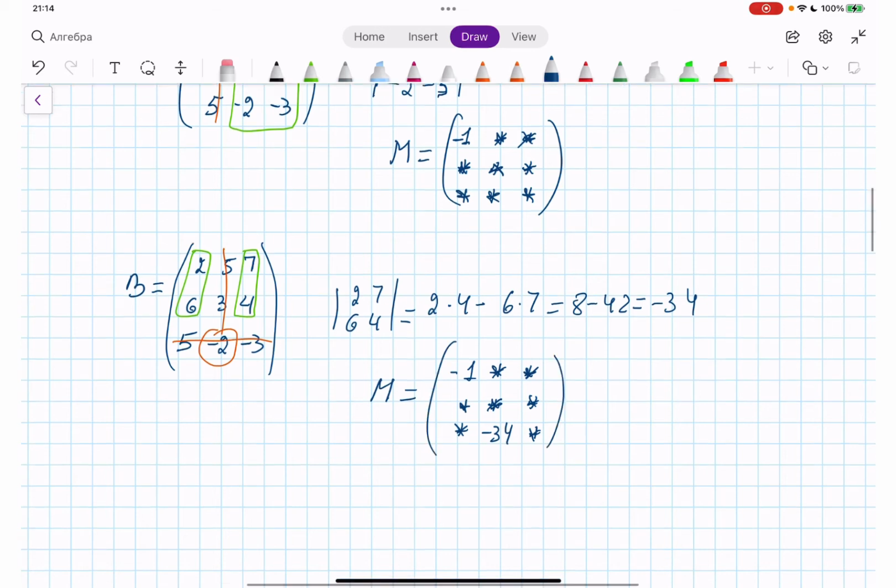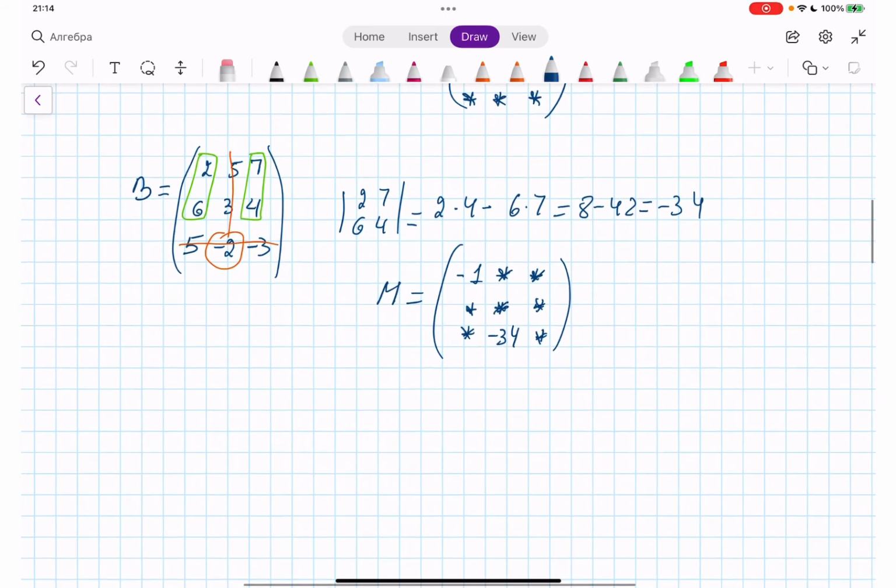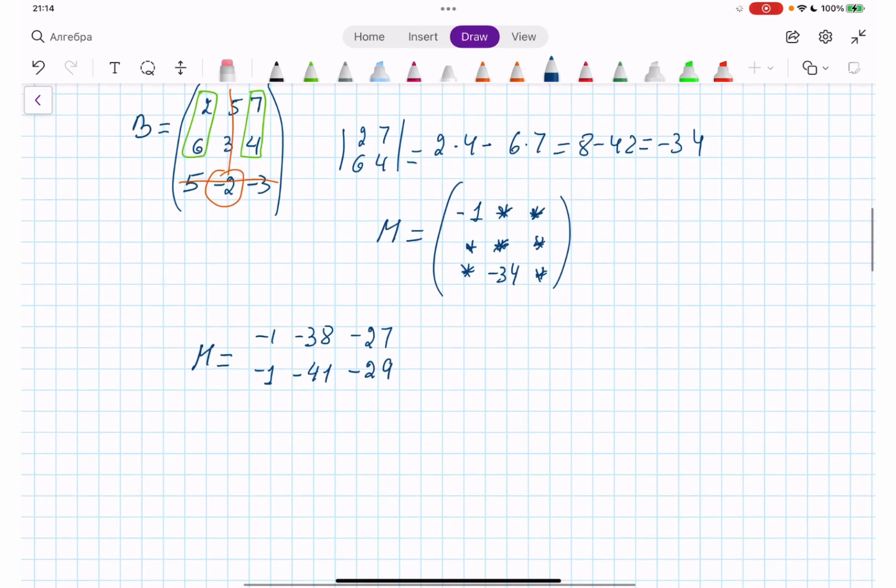To calculate the rest of the minors yourself, you should receive the result M is equal to negative 1, negative 38, negative 27, negative 1, negative 41, negative 29, then negative 1, negative 34, negative 24.